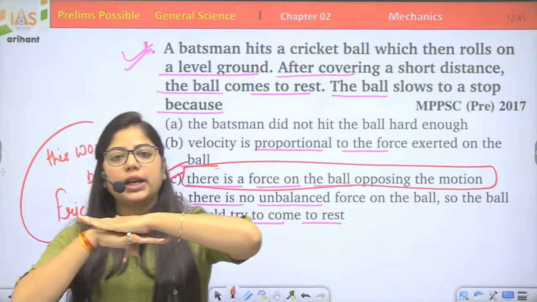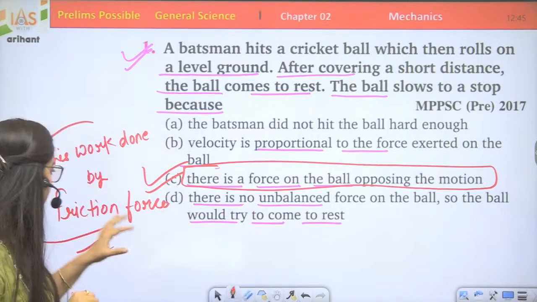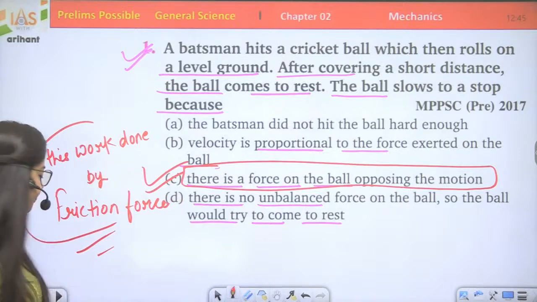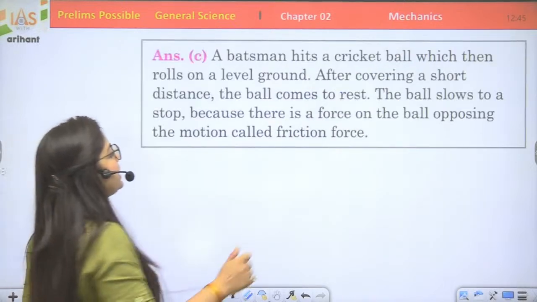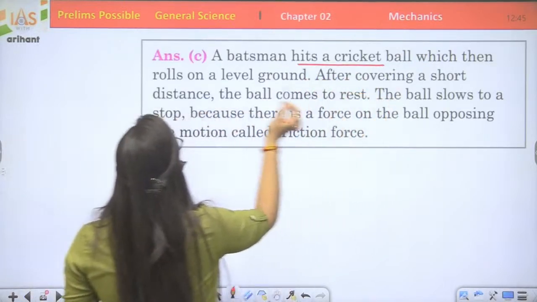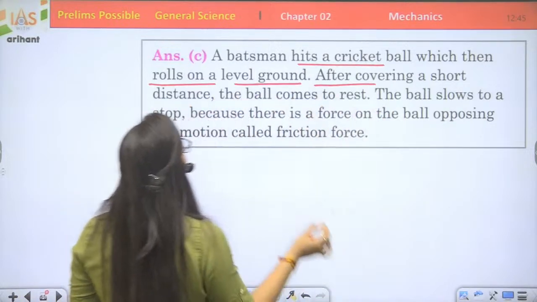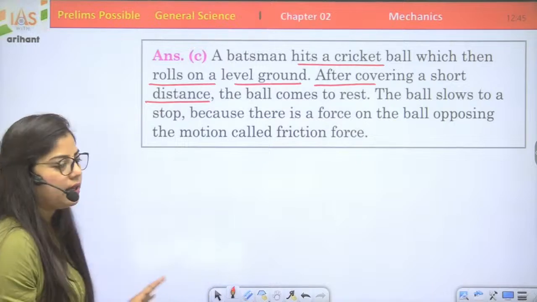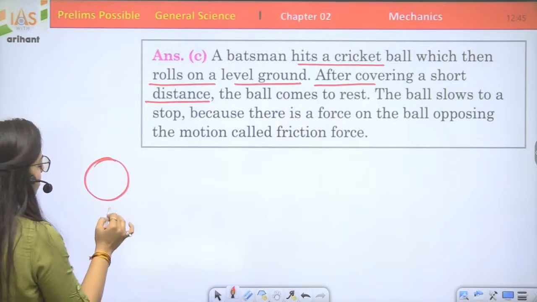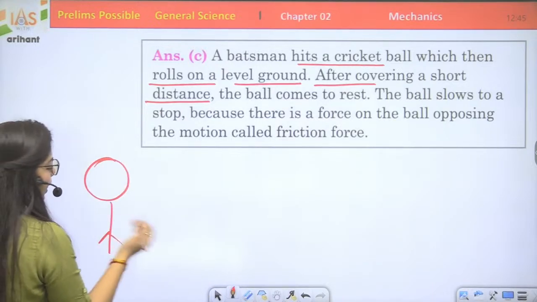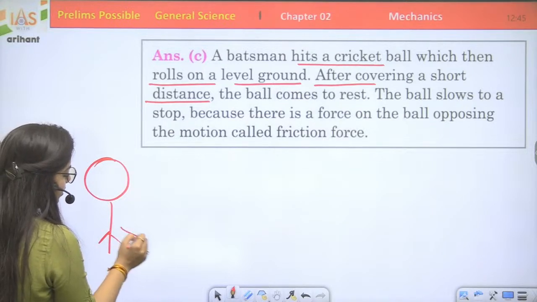Clear? Opposite direction, right? A batsman hits a cricket ball which then rolls on level ground after covering a short distance. See, there is a batsman like this playing cricket, holding a bat.